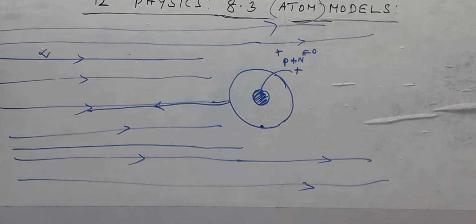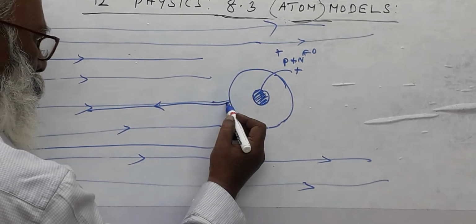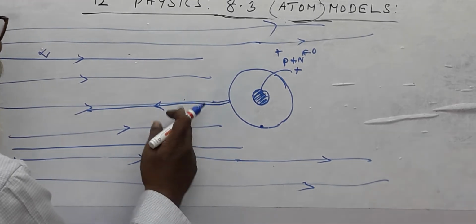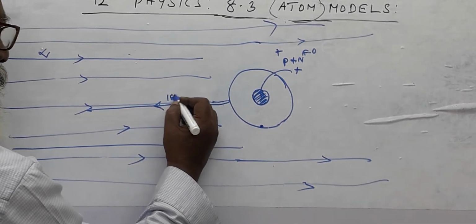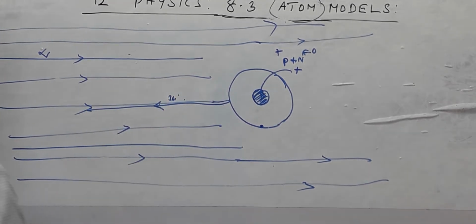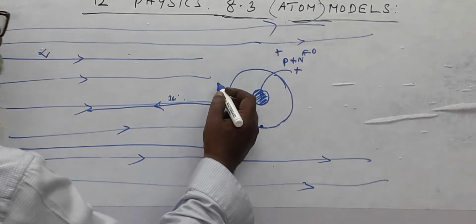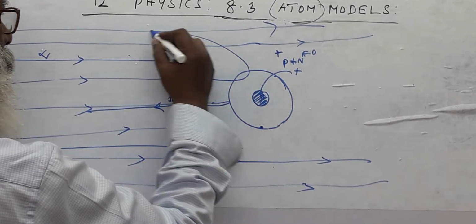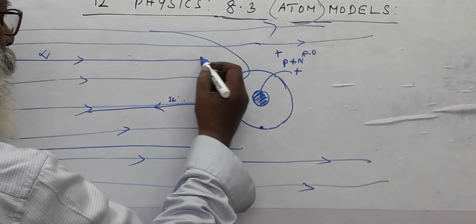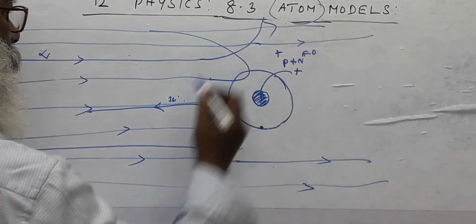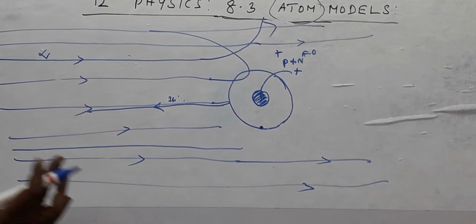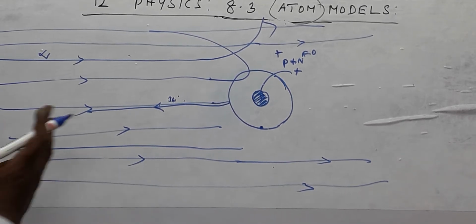But a ray very close to the nucleus may be repelled by more than 90 degree, even nearly 180 or 360 degree. If it is kept away from the nucleus, it will be slightly deflected.